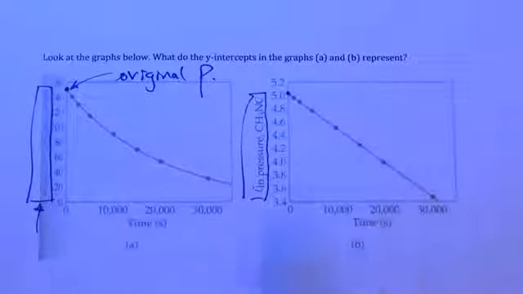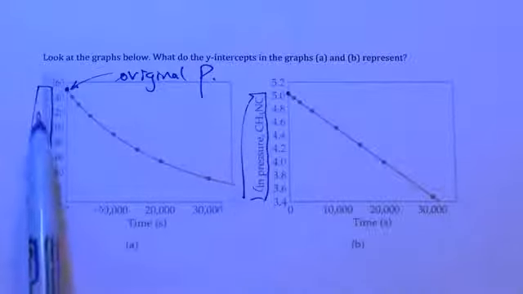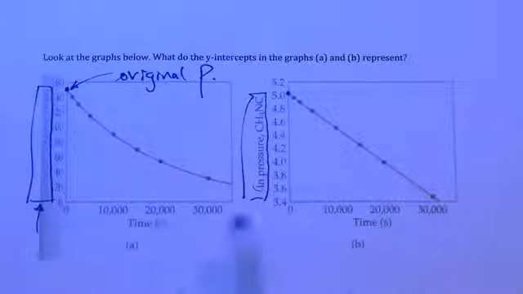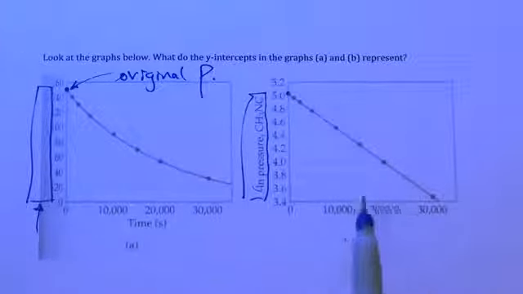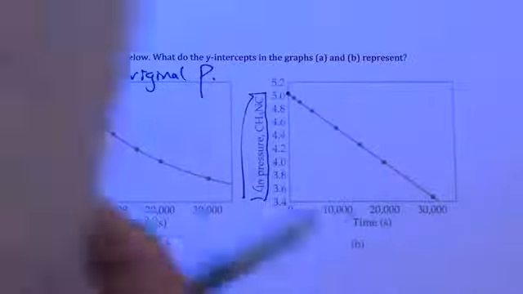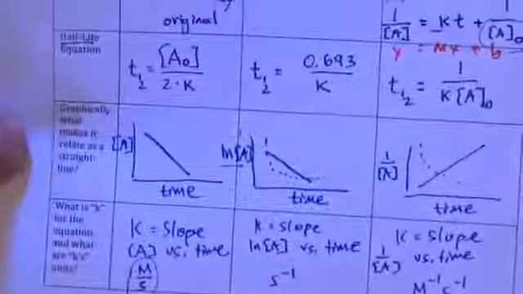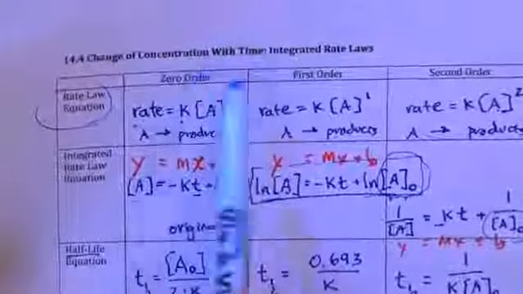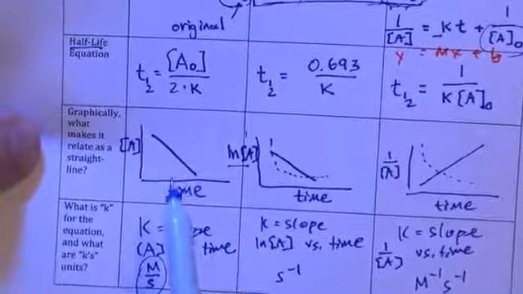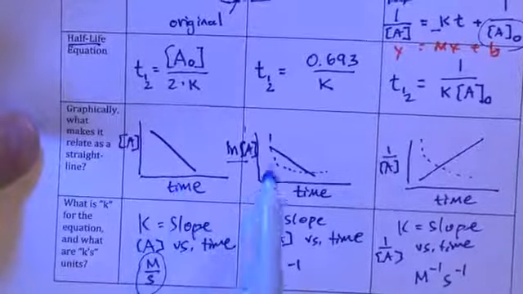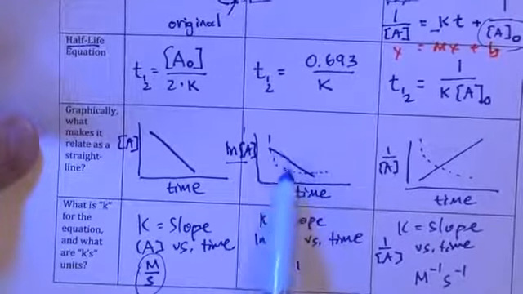And they're both kind of interesting graphs because if you look at it, this one's a curve when it's just concentration or pressure versus time, but this one gives you a nice straight line when it's the natural log of pressure versus time. And if you remember, looking back here from our graphical information when we made this table about integrated rate laws, what type of graph gives us a straight line with a negative slope where the natural log of concentration versus time gives us that straight line?